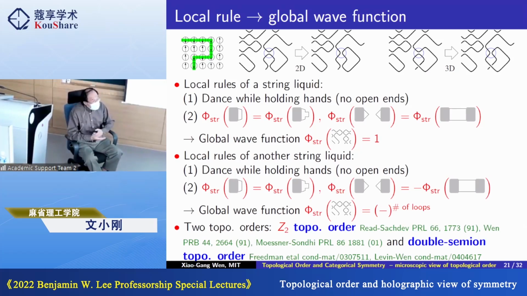You can write down an arbitrary wave function, but if you do that arbitrarily, very likely your wave function is not the ground state of any local Hamiltonian. So that is illegal or not realizable. Here I just say that this kind of string liquid is realizable. There is a local Hamiltonian which has this string liquid as a ground state. So it's a real possible ground state. That's another point we should make.